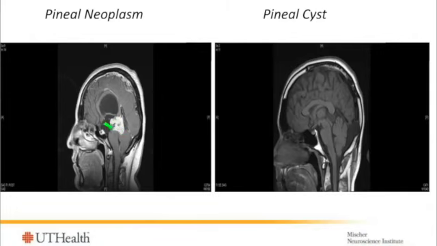It's lighting up with contrast. That's why it's so white. You can see it looks solid. It's got pretty irregular features. Over here on the right is a cyst. It's a different patient, very similar anatomy. And the cyst, I don't know if you can see it well on your computer screen, but it's right here.